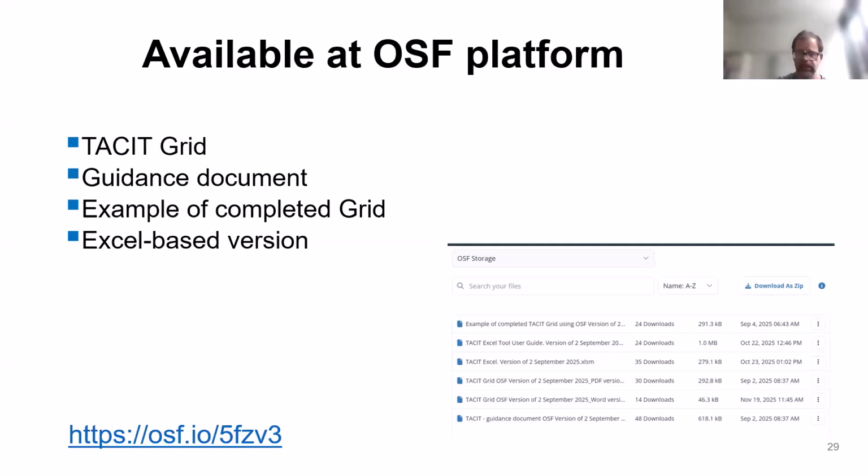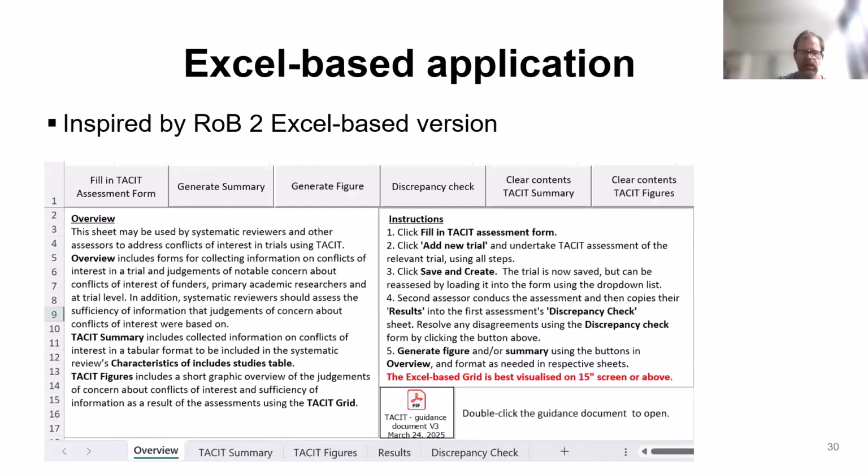It was really emphasized by our user testing that a lot of users, also based on their experience with other appraisal tools, really preferred another format than the typical Word template versions of tools. So I'll just briefly give you some examples here of our Excel-based application.